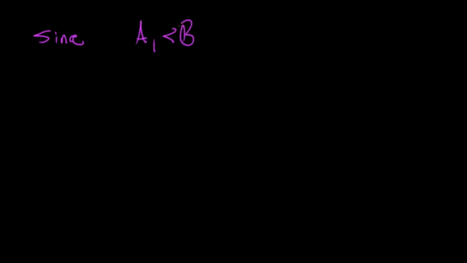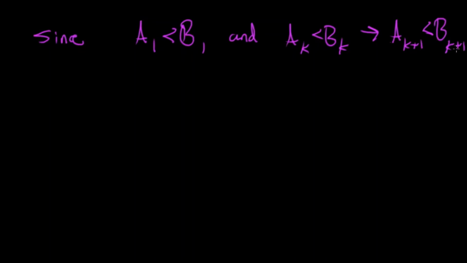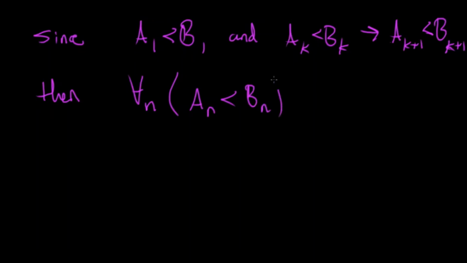Because a sub 1 is less than b sub 1, and a sub k being less than b sub k implies that a sub k plus 1 is less than b sub k plus 1, then for all n, a sub n is less than b sub n by the principle of mathematical induction. There you go.